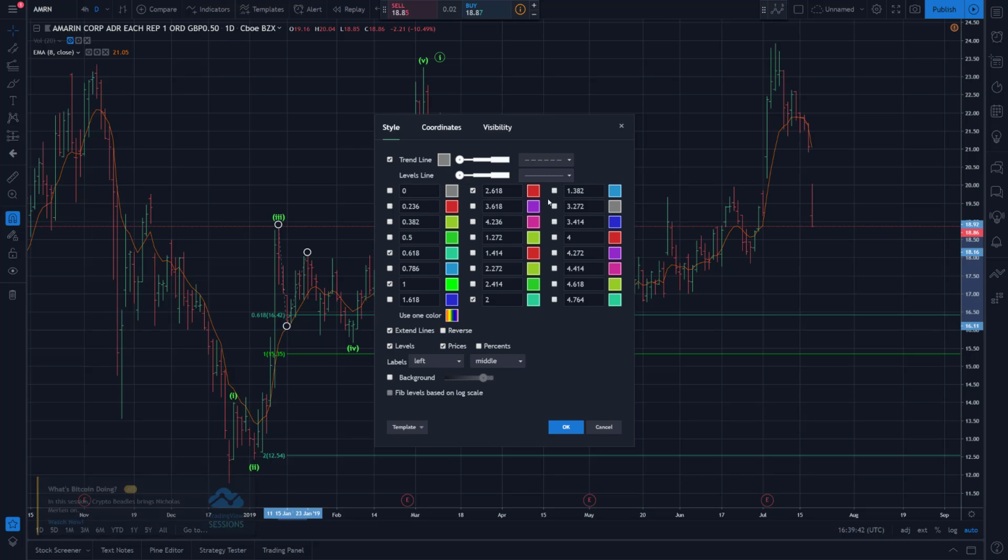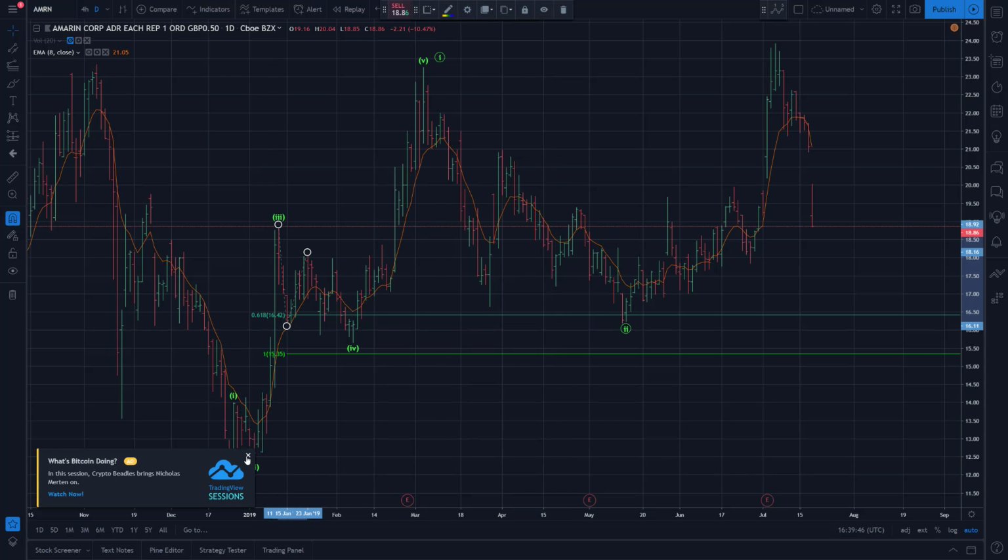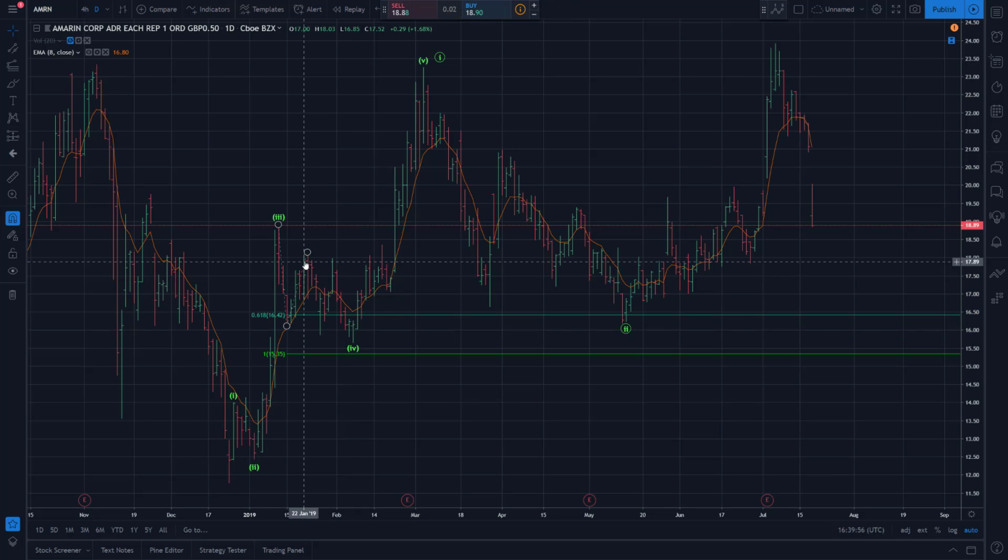So I'll get rid of the other extensions here. All right, so the 618 was exceeded, but you can see we didn't even quite get down to that equal relationship, 1.0, and that's where this move down would equal this move from this initial swing high. So that's a pretty good guideline for when you're working a correction there.